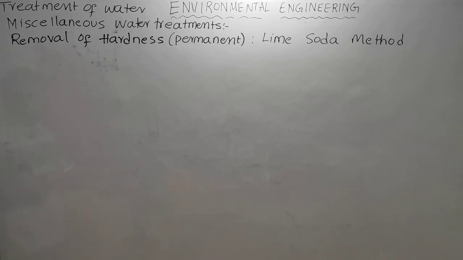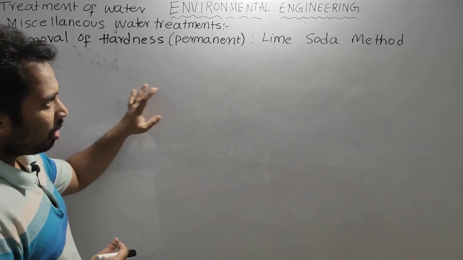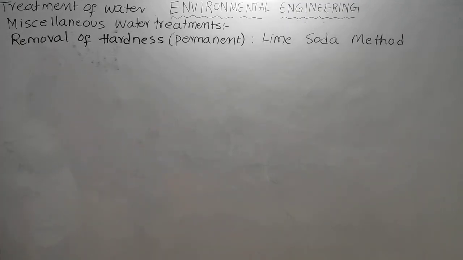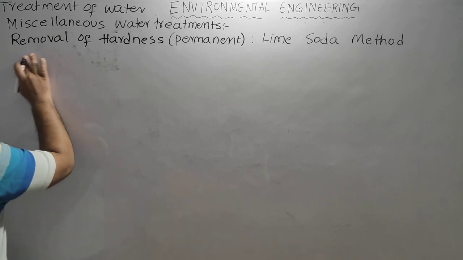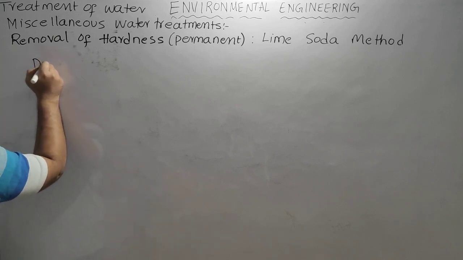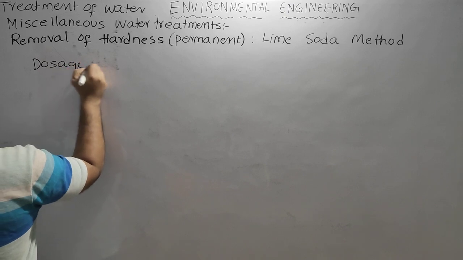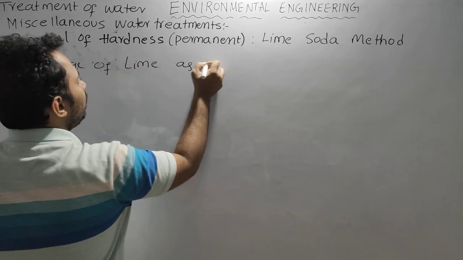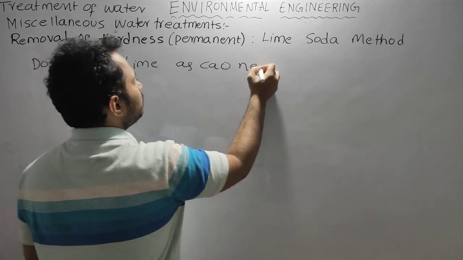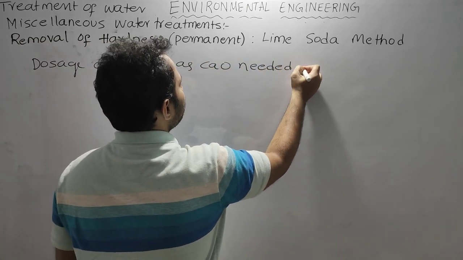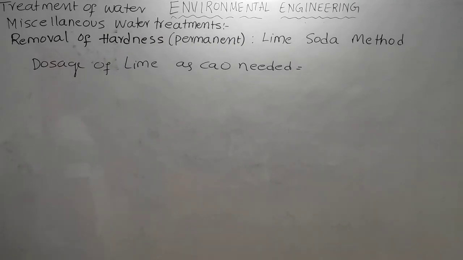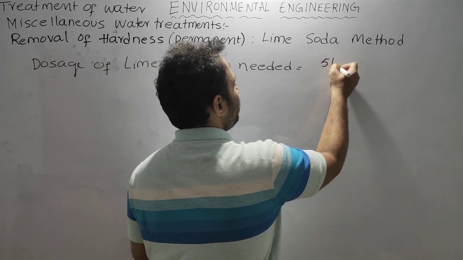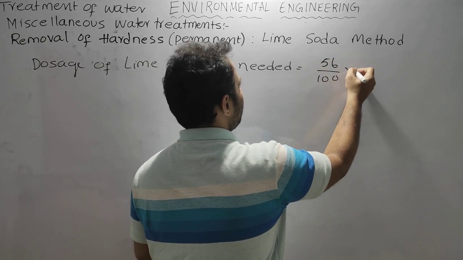And how much lime is needed for removing hardness? The dose of lime needed, as CaO, is equal to 56 by 100 into the total hardness.